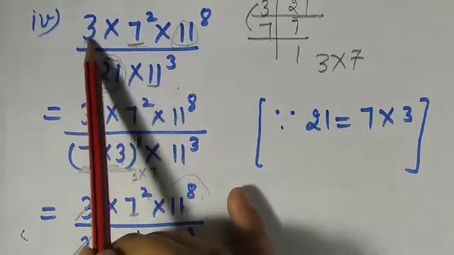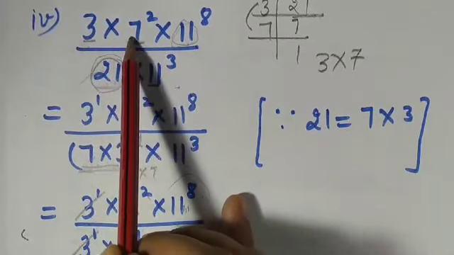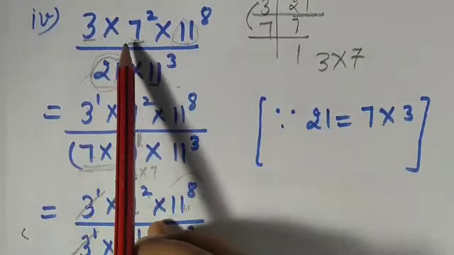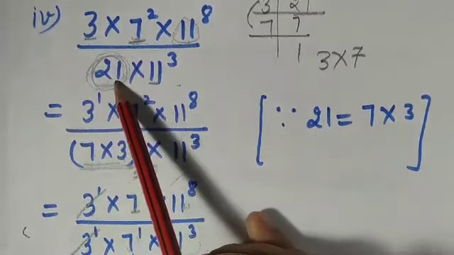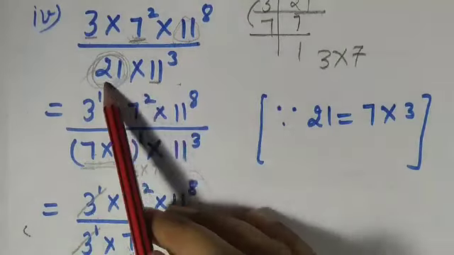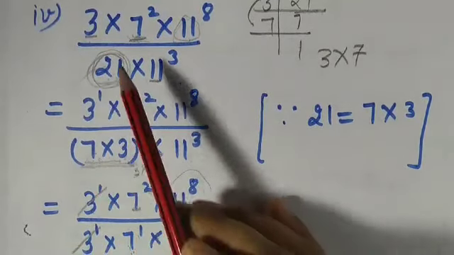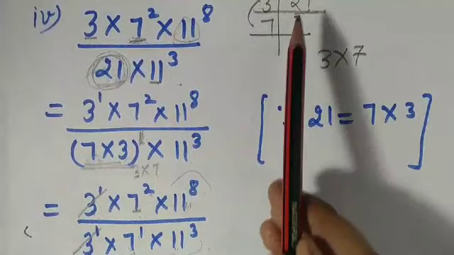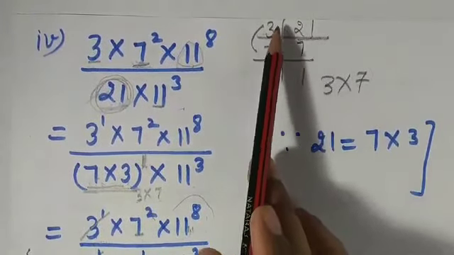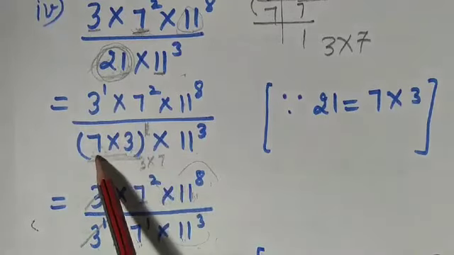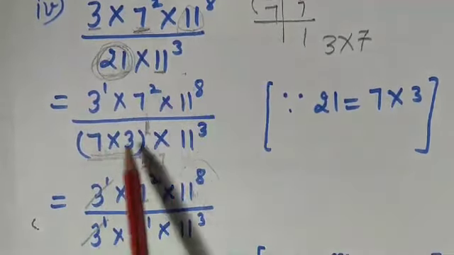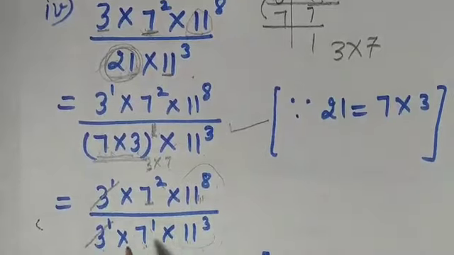This is not a prime, so I will convert only this. It can be written as 7 into 3. How will you convert? By taking the prime factorization. So 21 can be written as 3 into 7. Same I did. 21, I have written as 7 into 3, and the remaining are the same. This step is the same. Come to the second one.